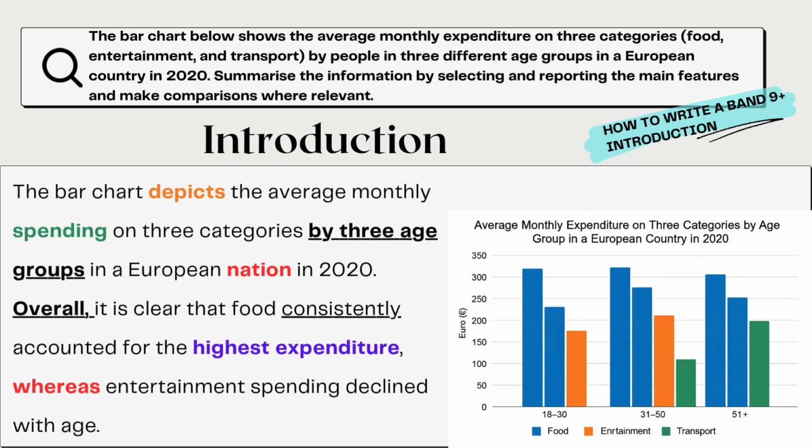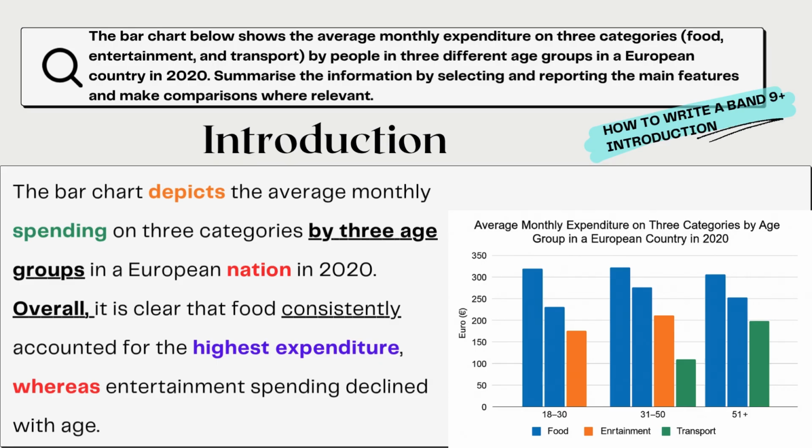Instead of mentioning their age groups, I have written three different age groups. You can write even the age groups of those three groups. Here I have used spending instead of expenditure, which is already mentioned in the question as well as in the bar chart. In the European nation, I have used nation instead of country. Overall, it's a connector, and this is the overview.